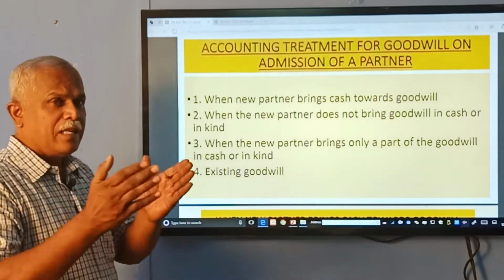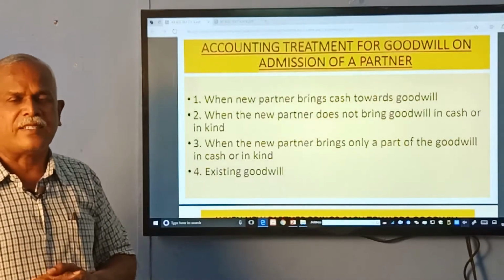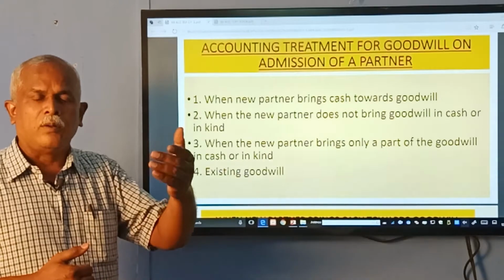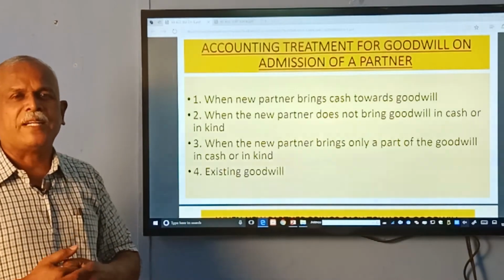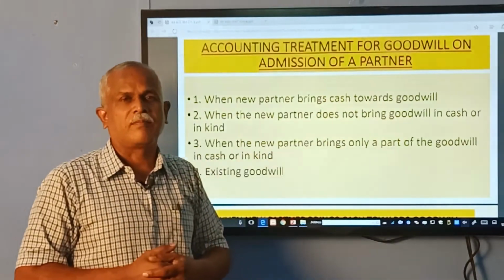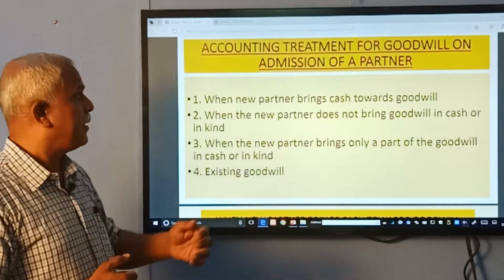So, he has to bring capital to claim rights over the assets of the company. To purchase the profit of the existing partners, he has to compensate them. That is nothing but goodwill.